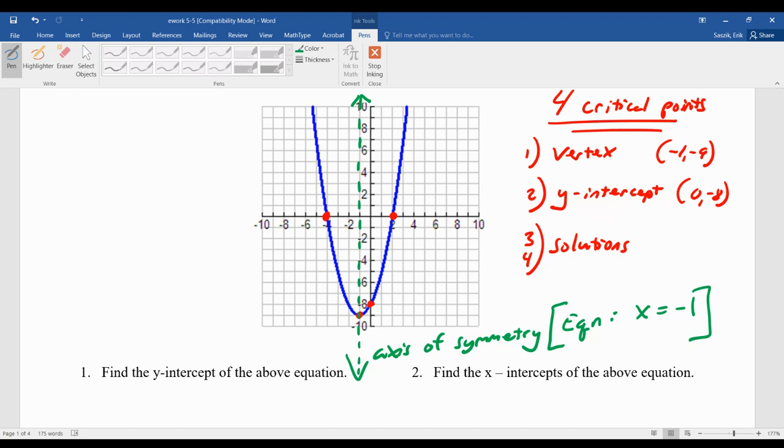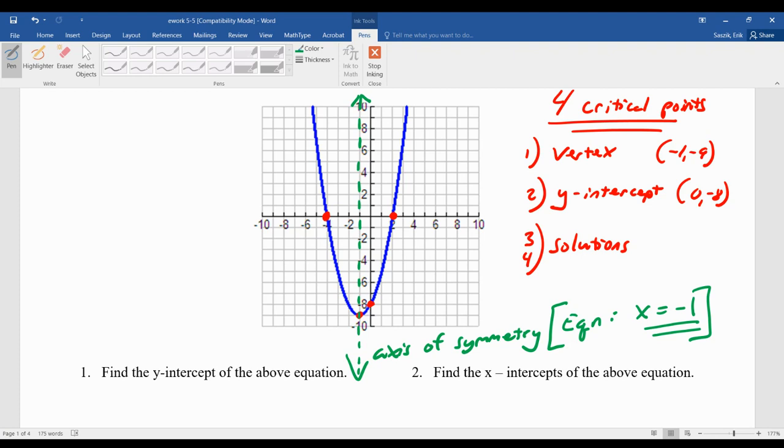Okay? That's it. Every axis of symmetry is going to have an equation of x equals some number, and it's always going to be the number that is the x coordinate of the vertex. Axis of symmetry is always going to go down through that vertex. So, four possible critical points: vertex, y-intercept, and the two solutions.